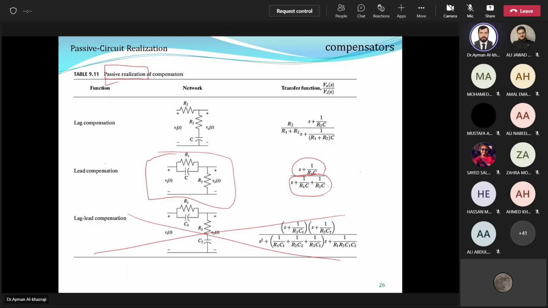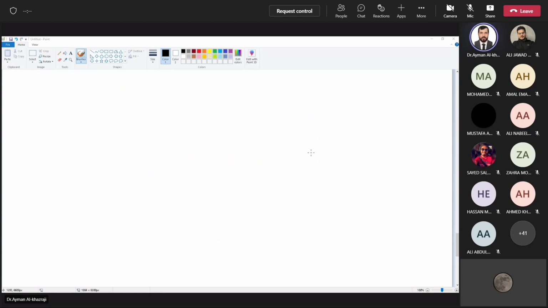Good. There is also a question about design. Look at this question. You have this system and you need to design how can I add this?